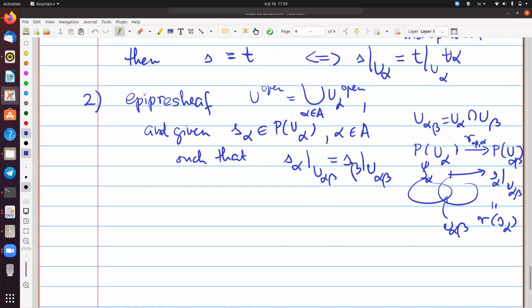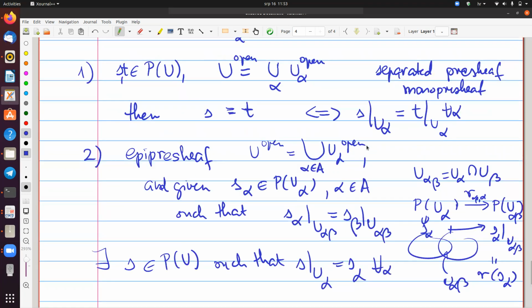So, and given such, there exists S, it is unique by one, in P of U, such that S restricted to U alpha is S alpha for every alpha. Here was for every alpha and beta.